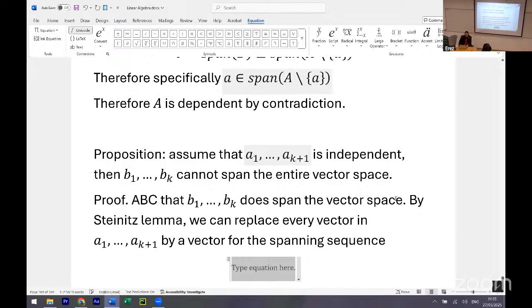So first of all, replace A1 by B1. So we'll get B1, A2, until A(K+1).